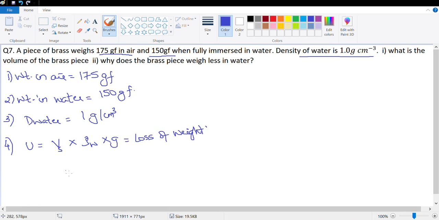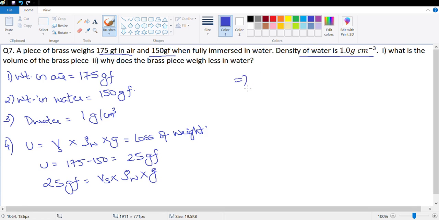In this case, upthrust is equal to 175 minus 150, which is 25 gram force. And 25 gram force is equal to volume of solid multiplied with density of water multiplied with G, which means volume of solid is equal to 25 upon density of water.